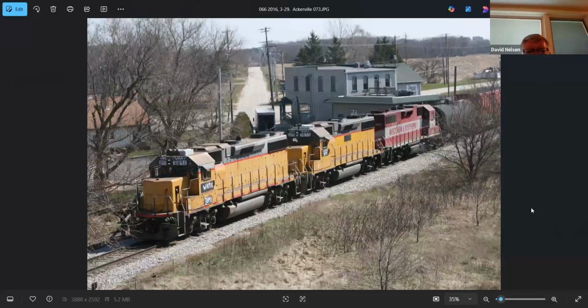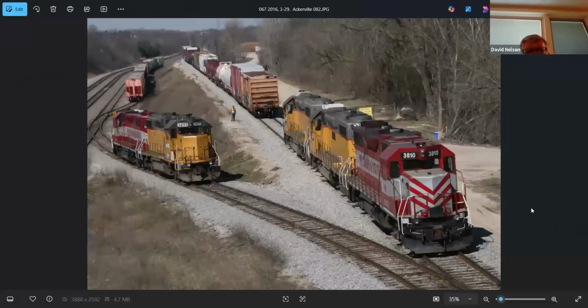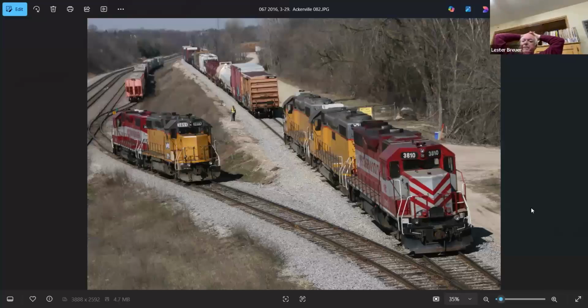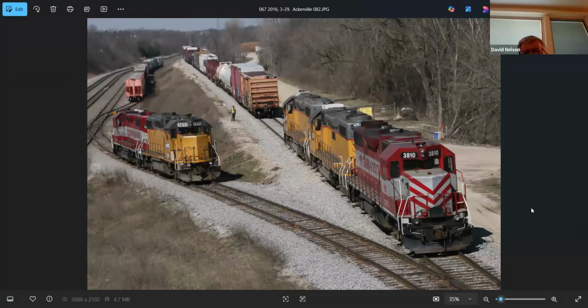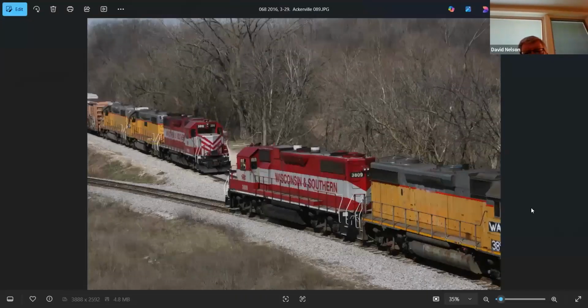So here's the West Milwaukee to Horicon train. They've left their cars for Horicon on the main. They're backing up to the cars for West Milwaukee.